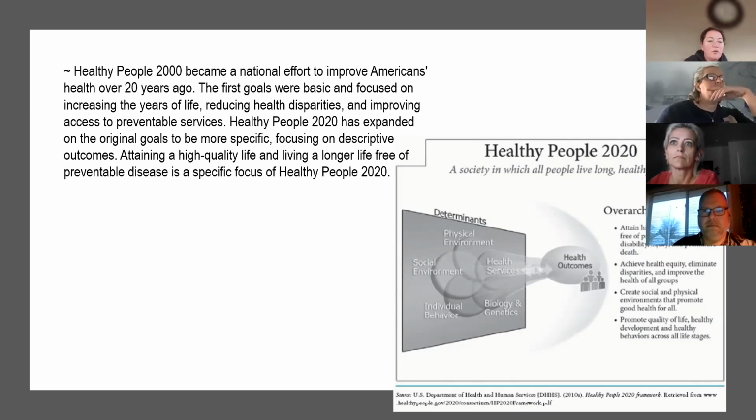For 2020, we're looking for a better quality of life and freedom from preventable diseases. So you see how it sort of graduates up. We start at the basics in 2000, and then we get a little more specific, focusing on high quality of life in 2020 and a longer life free of preventable diseases. Clear on that one?